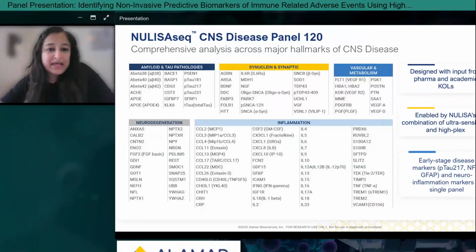What's unique about this panel is that it also allows identification of post-translationally modified proteins like the phospho-taus and phospho-SNCA. Apart from the phospho-tau and phospho-SNCA, there are also other very critical markers such as the amyloid betas, synaptic, vascular, and inflammatory markers that are involved in driving the progression of many of these debilitating diseases.